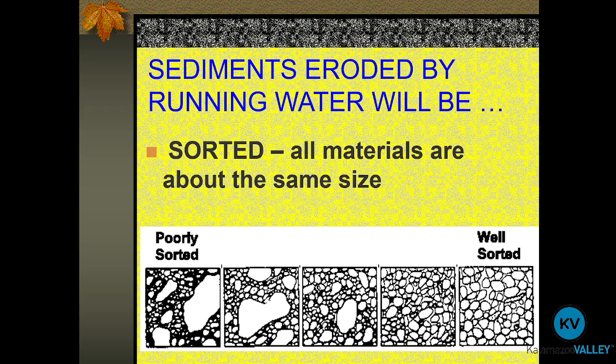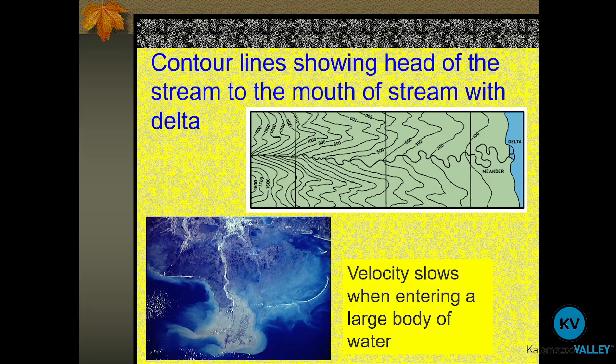So then we have a fairly well sorted sample with grains that are similar in size. So depending on what the energy level is, we will have different grain size, but generally speaking, the more transport, the more erosion, the more weathering, the more well sorted, and the more well rounded.